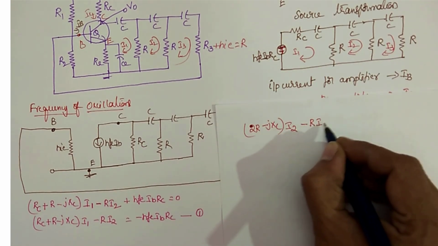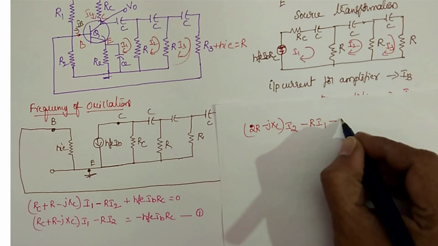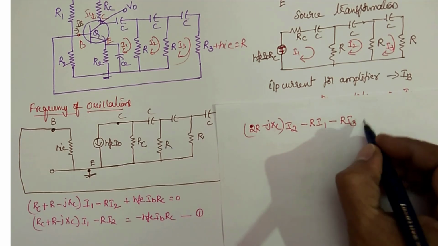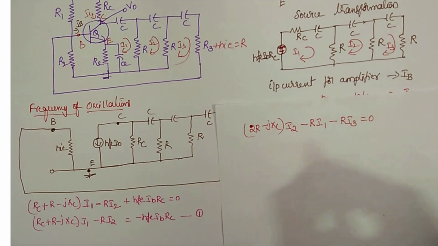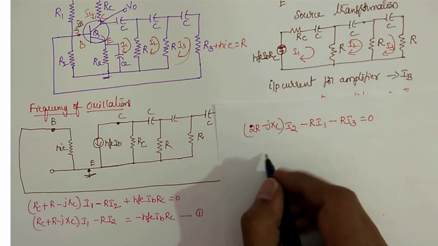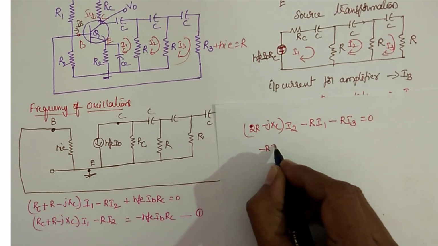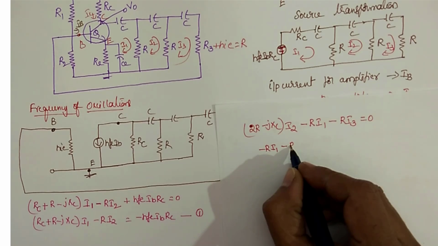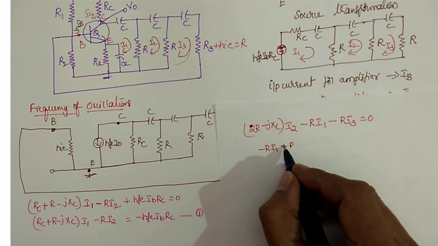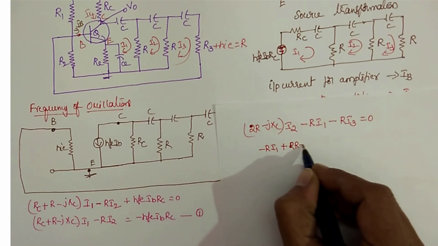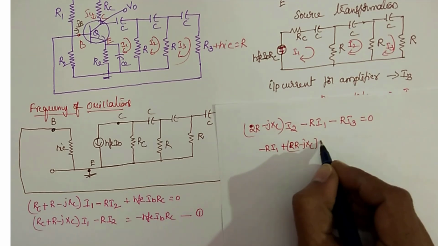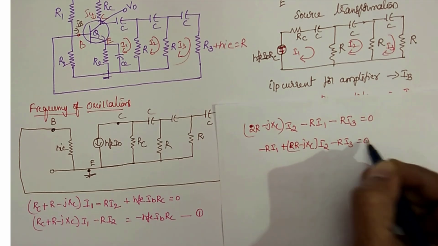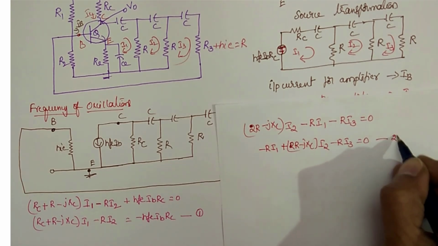So it is minus R I1. Another one is minus R I3 is equal to 0. Again I am rewriting it: minus R I1, plus 2R minus JXC of I2, minus R I3 is equal to 0. Let it be equation number 2.